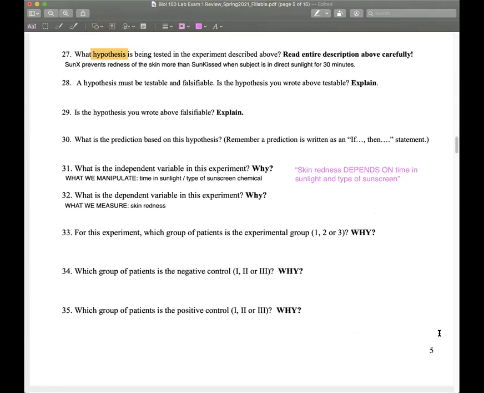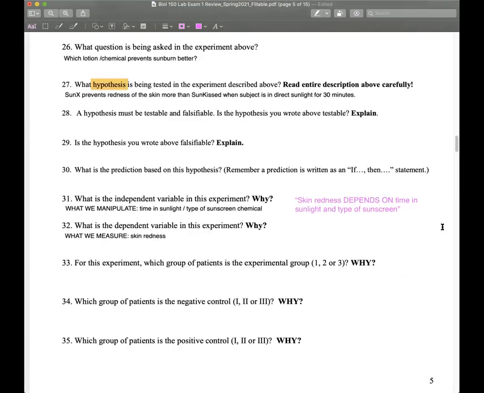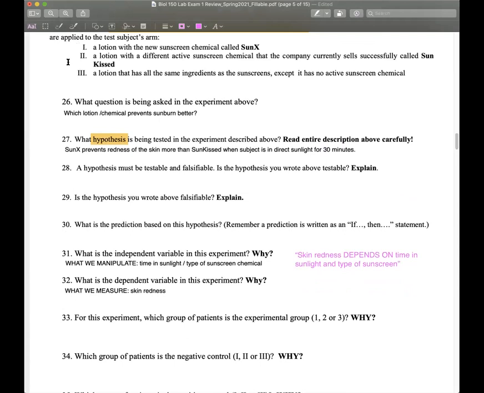All right, so we had our 3 groups of patients. Which ones were the experimental group? I guess I'll scroll back up. So groups 1, 2, and 3: which was experimental, which was our negative control, and which was our positive control? So group 1 would be the experimental group. Mm-hmm.